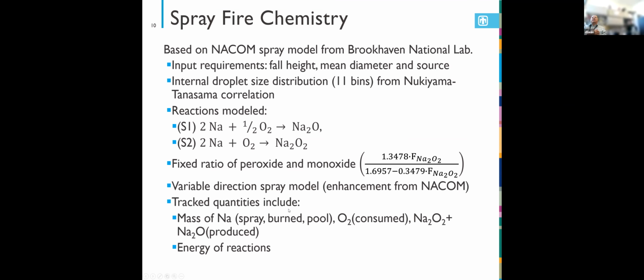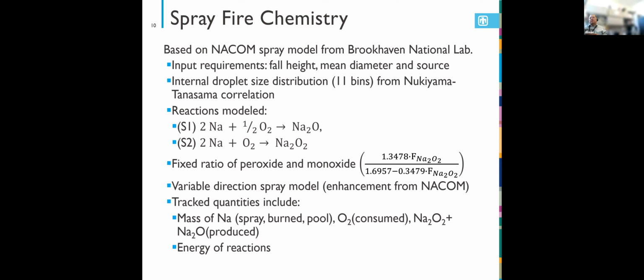And NAPCOM is only looking at just a downward spray. So we do have a variable direction, allowing a spray going upward instead if the pressure on the pipe is a little higher. So it's an enhancement from NAPCOM.